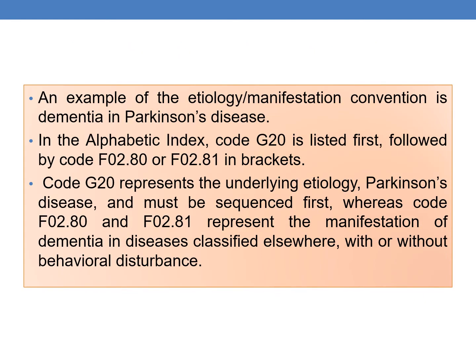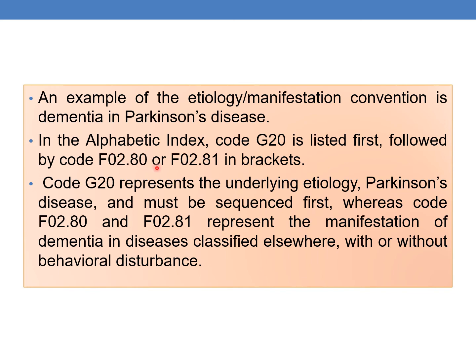One more example for the etiology and manifestation convention is dementia in Parkinson's disease. In the alphabetic index, if you search for Parkinson's disease, after Parkinson's disease you can find G20 followed by code F02.80 or F02.81 in brackets.